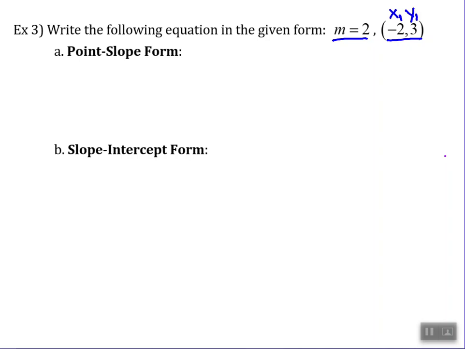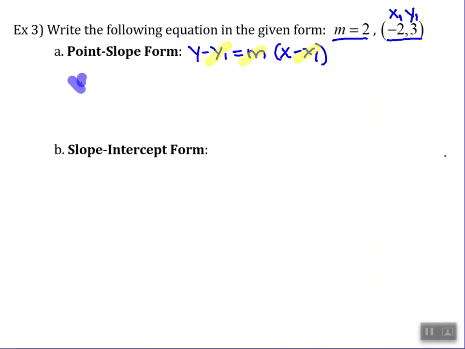So I'm going to write it in point-slope form first. Remember my point-slope form is y minus y1 equals m(x minus x1). All we're doing with this formula is replacing y1, m, and x1. Everything else stays the same.